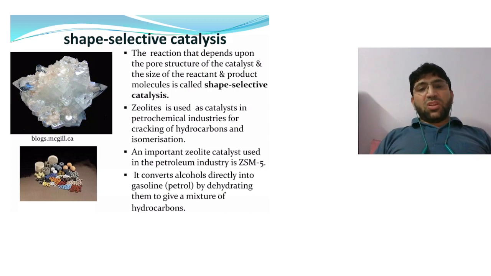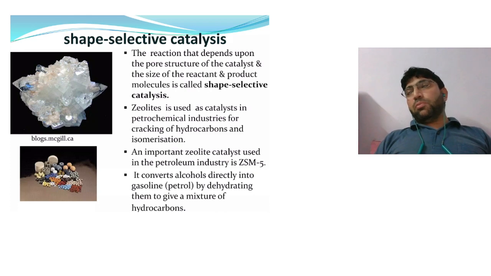For example, in industry, zeolites as a catalyst are used in the petroleum industries for cracking hydrocarbons. Another very important zeolite is used as a catalyst to convert alcohols into gasoline directly. So this is called shape selective catalysis.